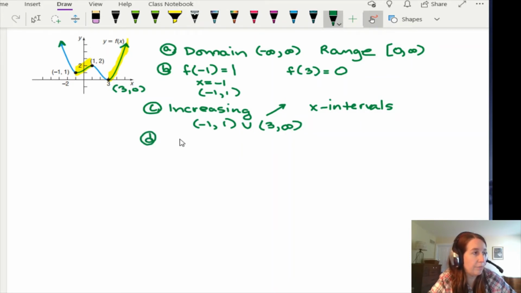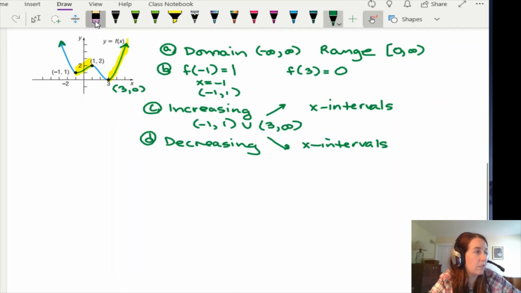For D, where would the graph be decreasing? If it's decreasing, it's going downwards, and that is also going to be answered in x intervals. Let me erase the parts that are increasing so we can highlight the parts that are decreasing.